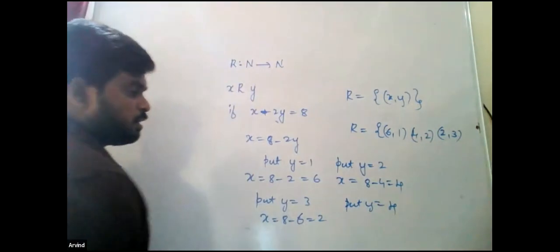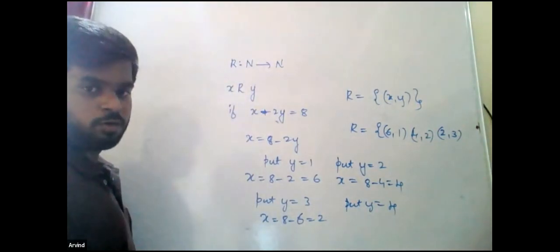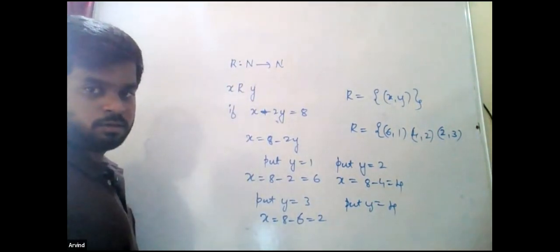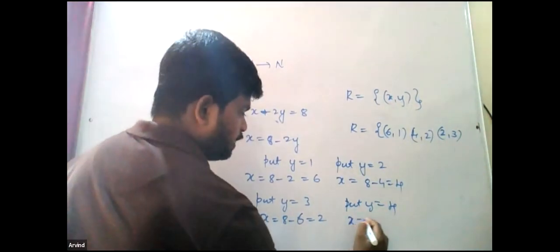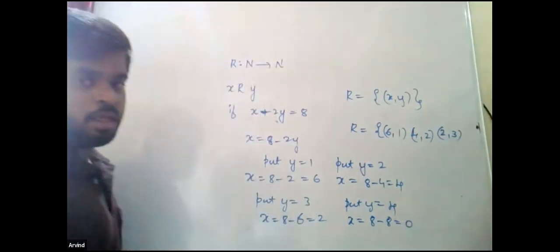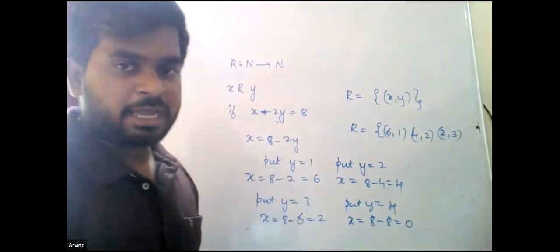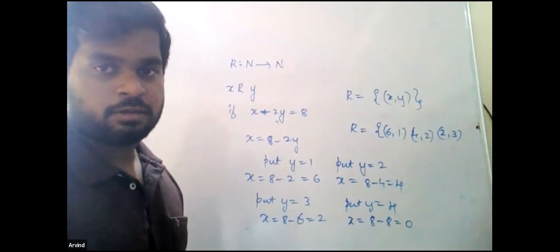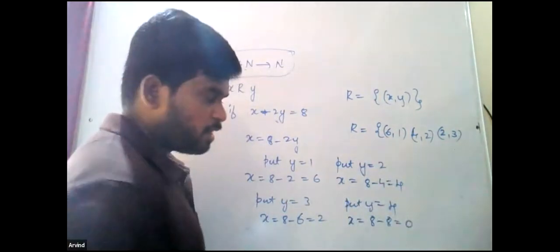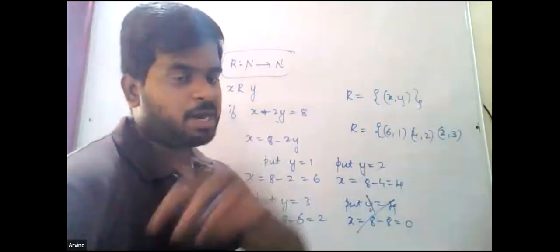Then X is 8 minus 2 into 4, which is 8, and 8 minus 8 is 0. We cannot take this. Why? Because 0 does not belong to natural numbers. I am defining a relation on natural numbers, so 0 cannot be included. So that's it, we cannot go beyond this.